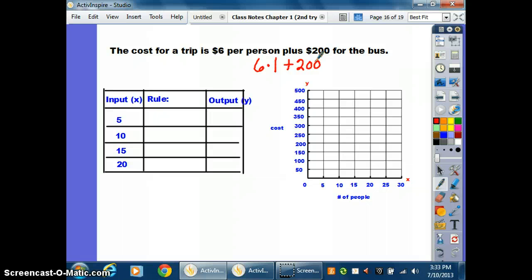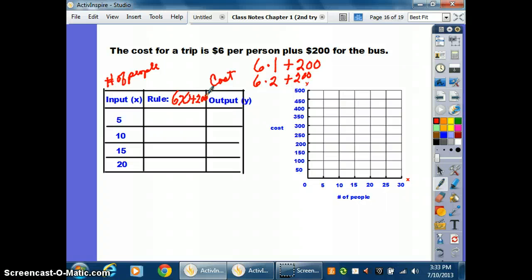This is going to be our number of people, and this will be the cost for the trip, the tickets and the bus. If we have 2 people, $6 times 2 plus 200, right? So our rule is 6 times the number of people plus 200.